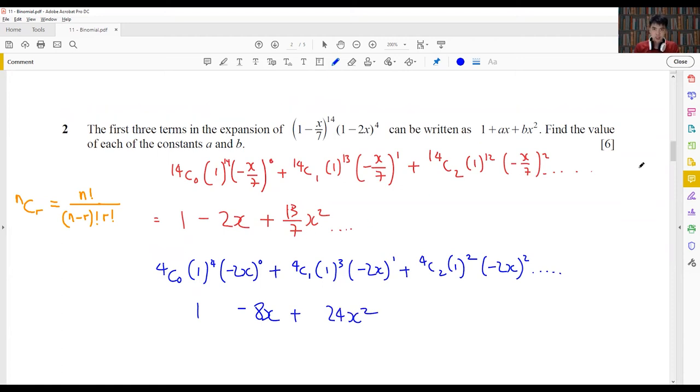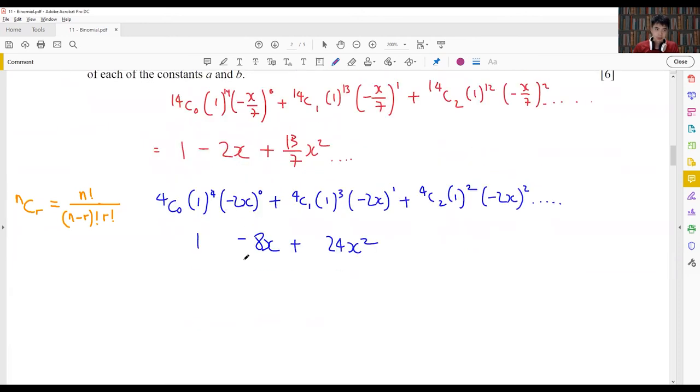So what we're going to do next is we're going to expand the red and the blue together. Expanding the red and the blue, it's going to be purple. So 1 minus 2x plus 13 over 7x squared multiplied with this for the expansion of x squared.